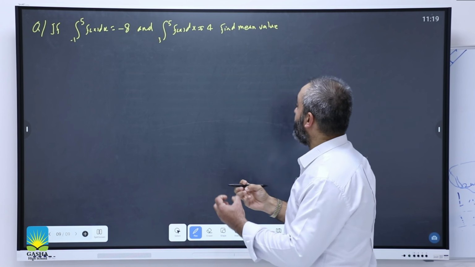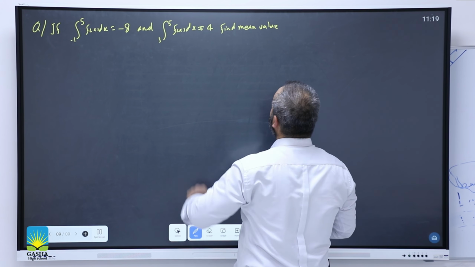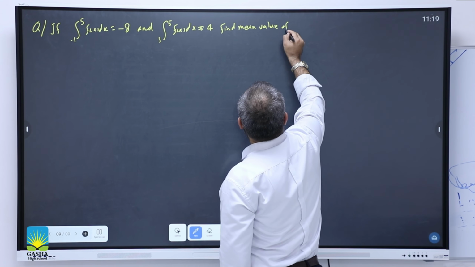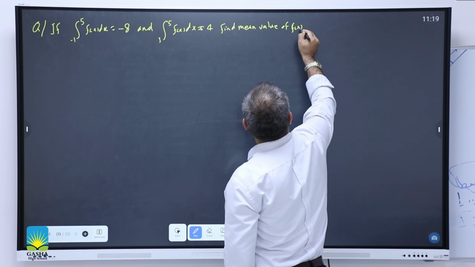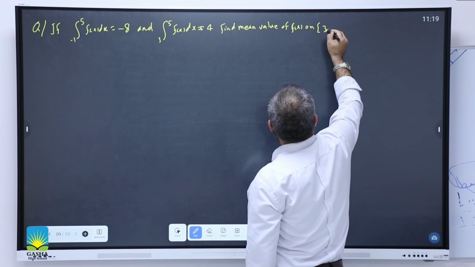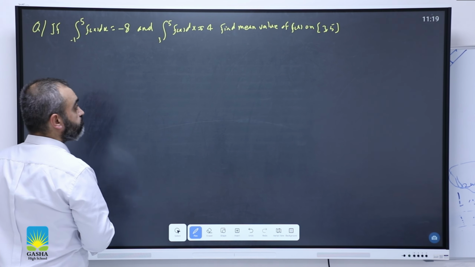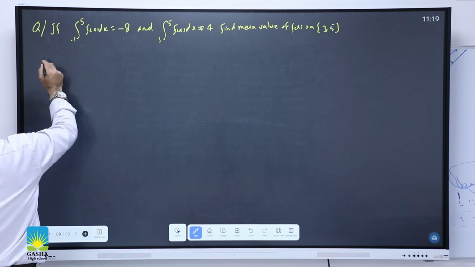We combine the idea about the property of 3 and the mean value of f of x on 3 to 5. What is the formula of mean value?